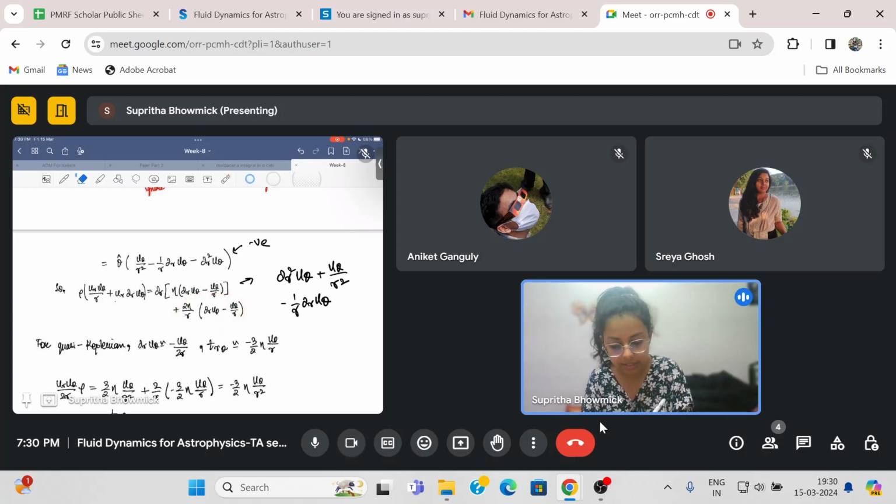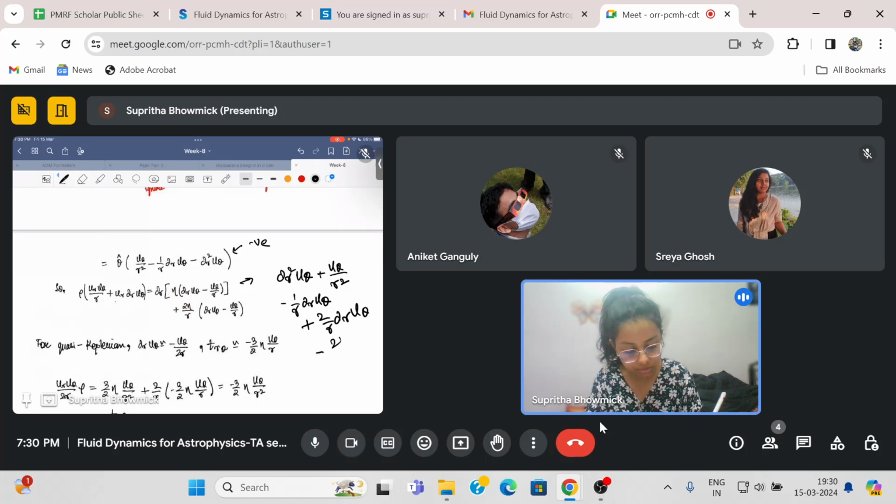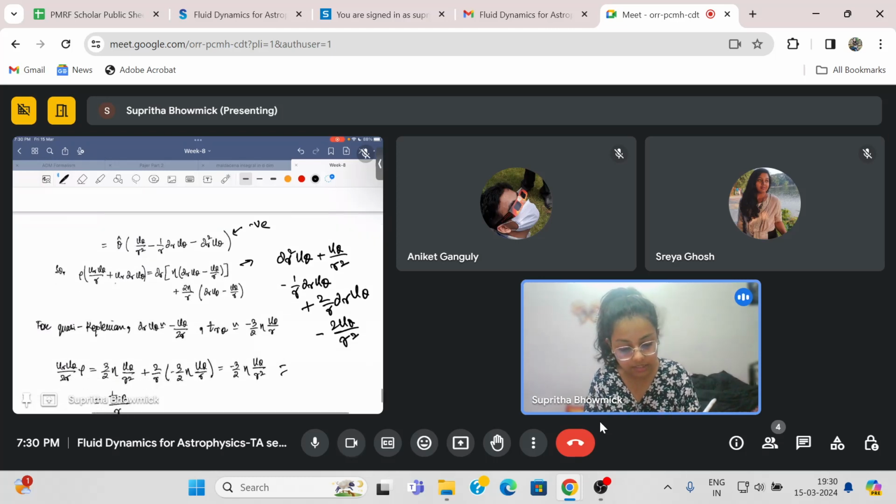Okay, for now let's not write etas because eta is here as well as here. So the second term is nothing but 2 by r del r u theta minus 2 u theta by r square. Now you look at these terms, you will see that del r square u theta, you have this term. But u theta by r square, there's a minus 2 u theta by r square.